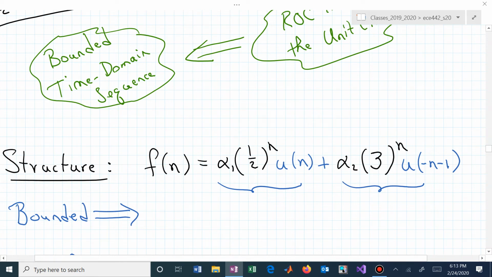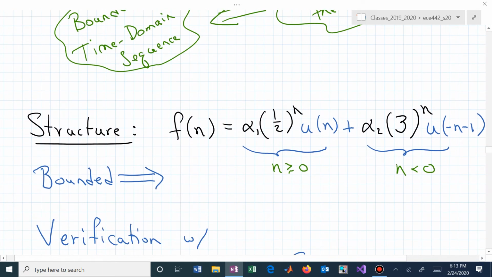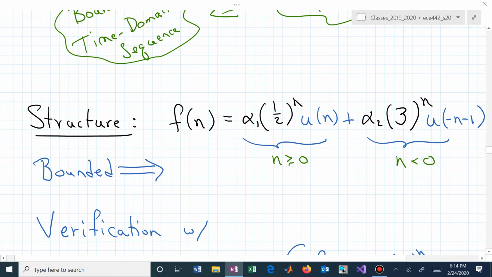It's switched on with u of n, so this is going to be for n greater than or equal to 0. And when is the mode associated with 3 to the n turned on? Only when n is strictly less than 0. And that's now our bounded behavior.